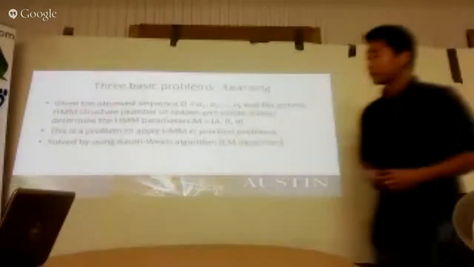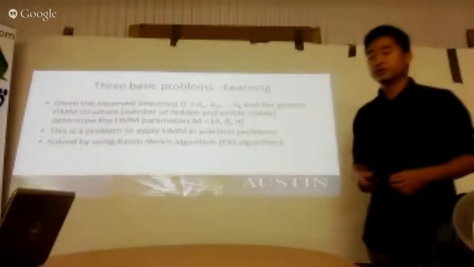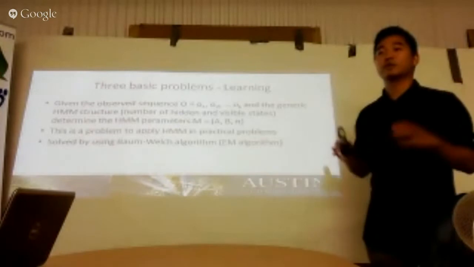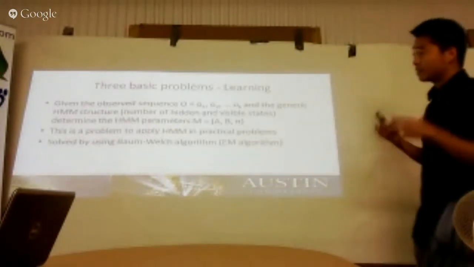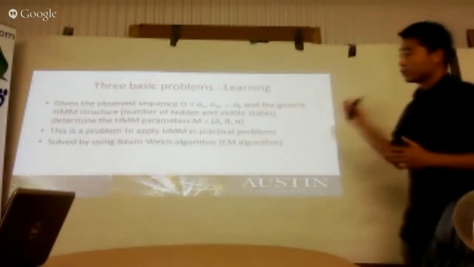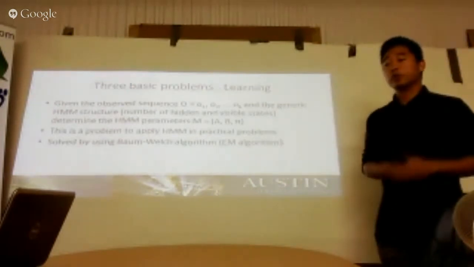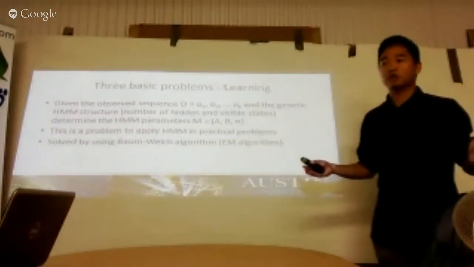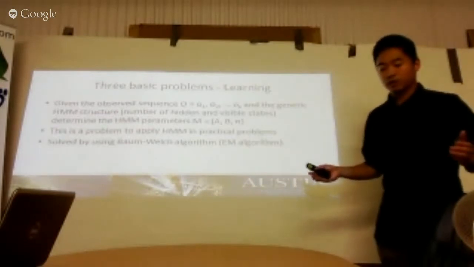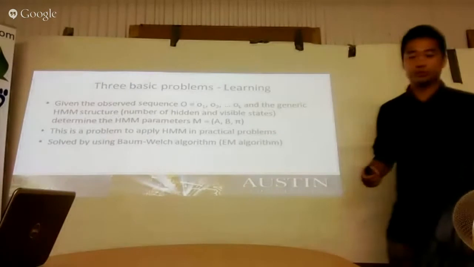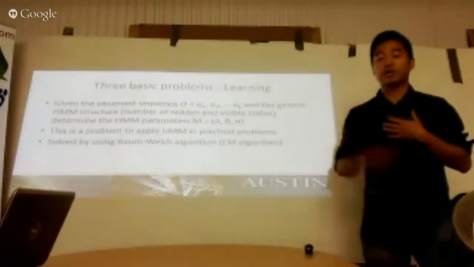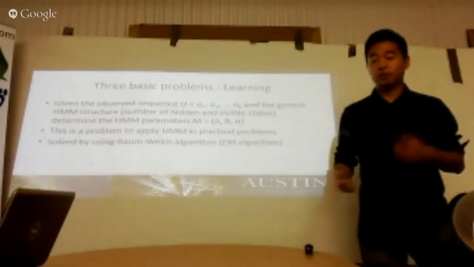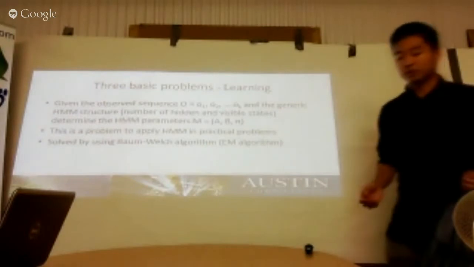The very last question is learning, because in many situations you don't really have the hidden Markov model. That is a very abstract problem, so you are trying to build your own hidden Markov model. If I still use the dice problem as an analogy, you don't know the probability for me to pick up the next die, because there's no such number.